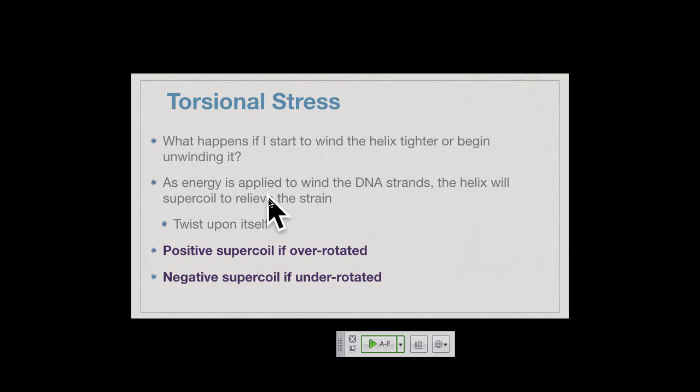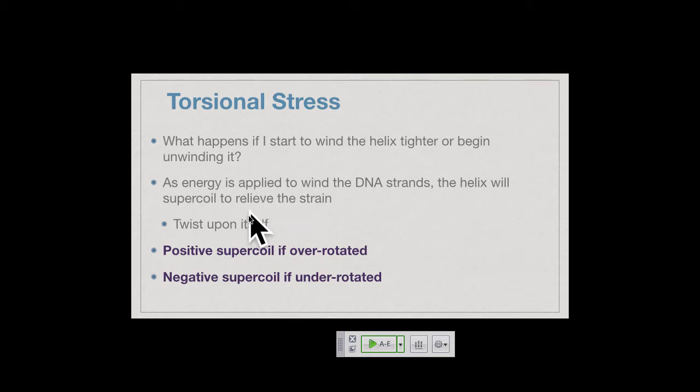If we do that, the molecule has to do something to compensate for that stress. As we put this torsional stress and begin to rotate this molecule, it's going to flip into a large supercoil. That flat planar molecule is going to flip on itself.